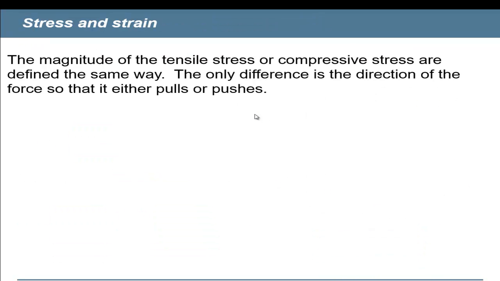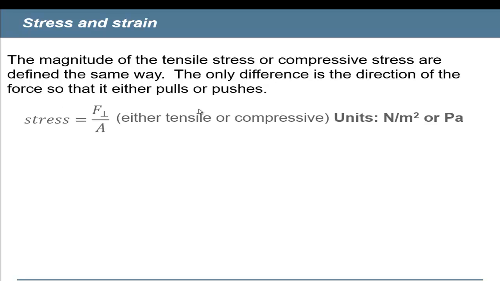So just to put some equations up here for these, the magnitude of the tensile stress or compressive stress are actually defined the same way, just like I just said. The only difference is the direction of the force, so that it either pulls apart or pushes it together. So stress is defined as the perpendicular force, the force perpendicular to the area or the surface that it acts on.